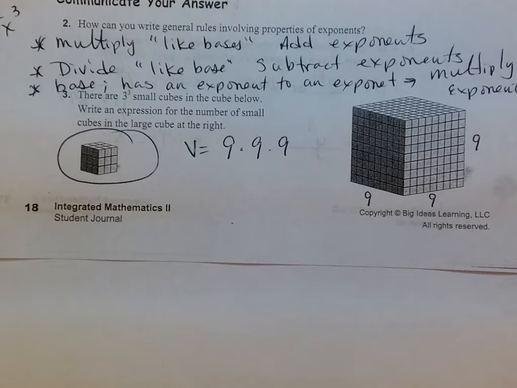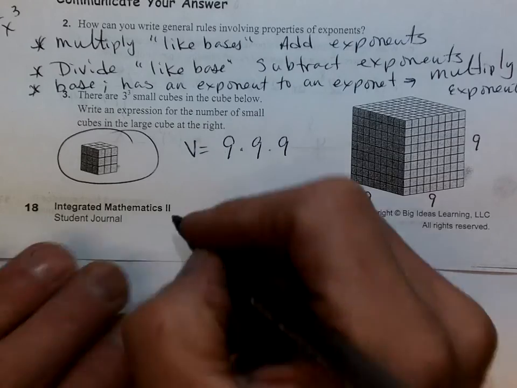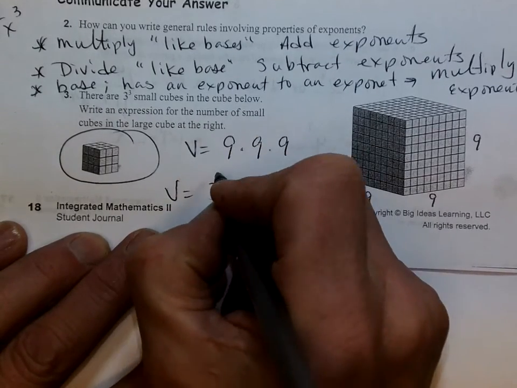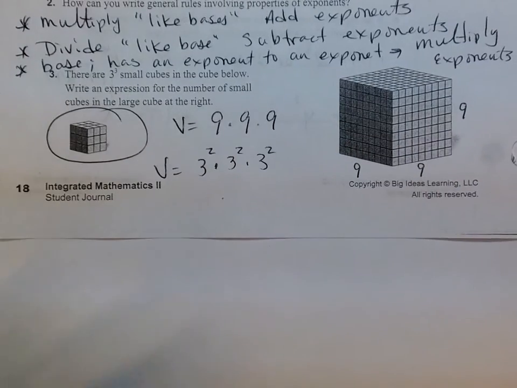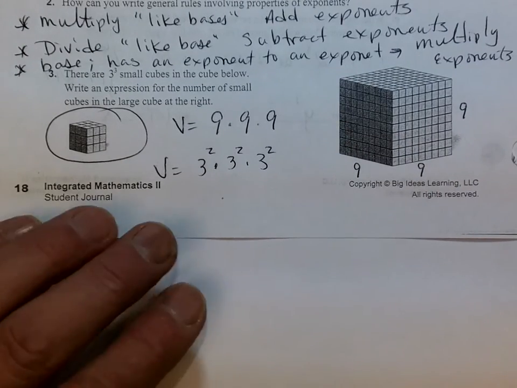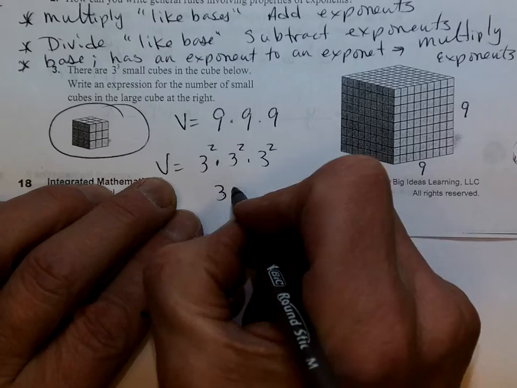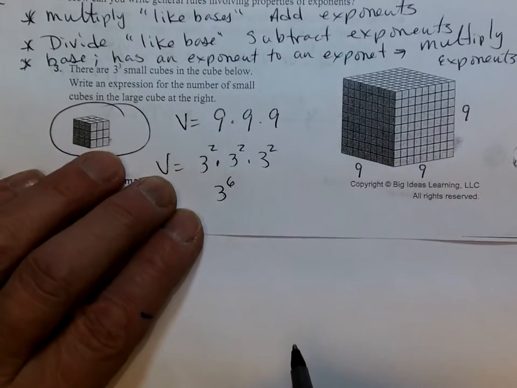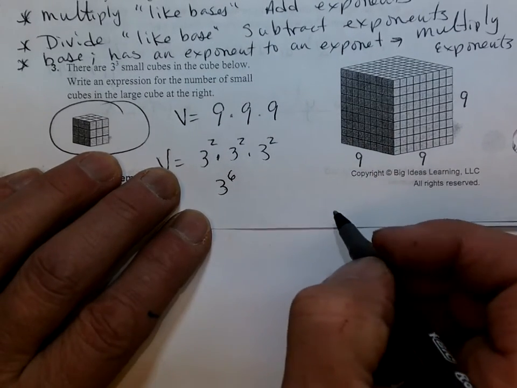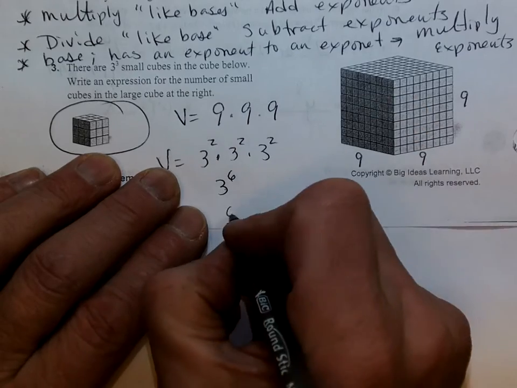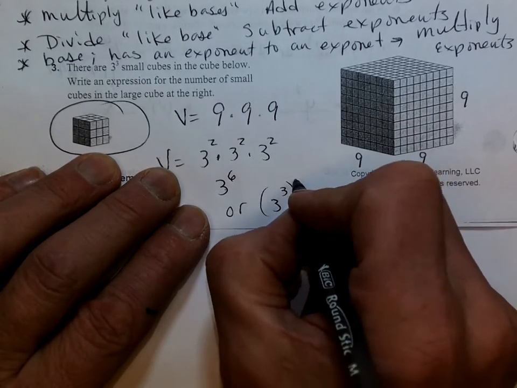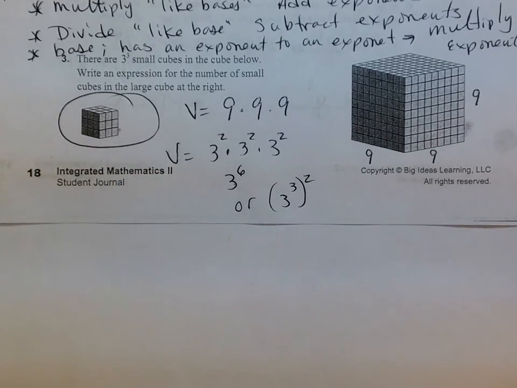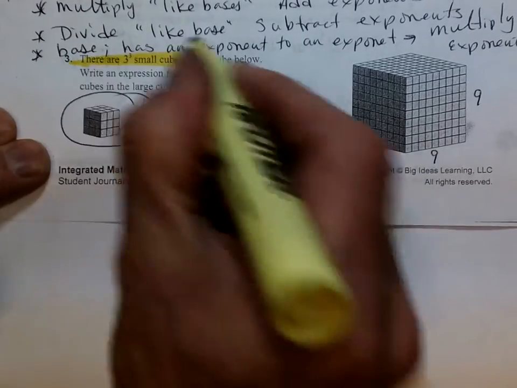So we could rewrite the volume as 3 squared times 3 squared times 3 squared, right? You guys agree with that? Which means it would be 3 to the 6th, or 3 cubed squared. And I did that because I really wanted this.